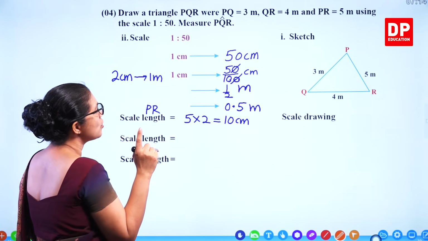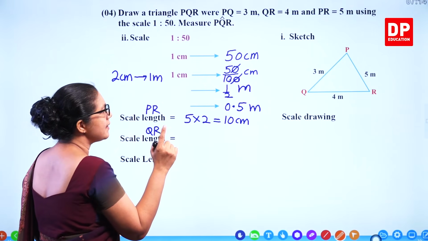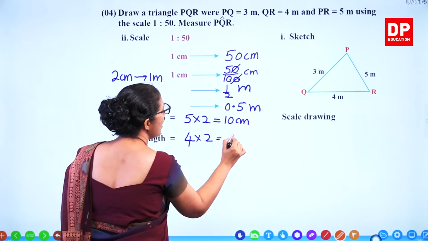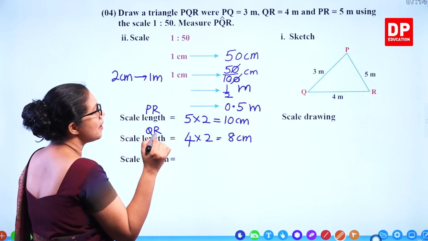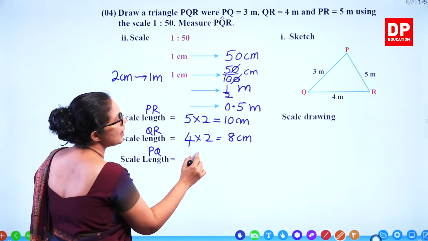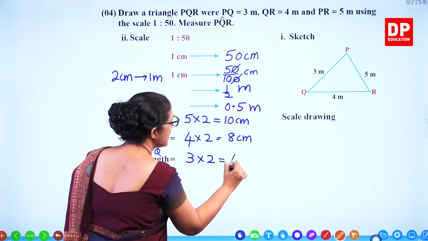Then what about the QR length? QR length is 4 meters. That means 4 times 2, 8 centimeters. Then PQ. PQ is 3 times 2, 6 centimeters.